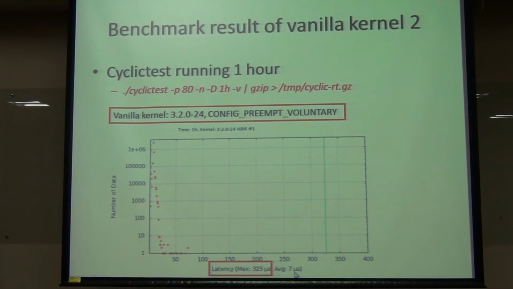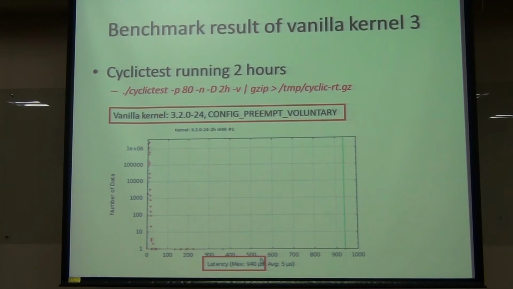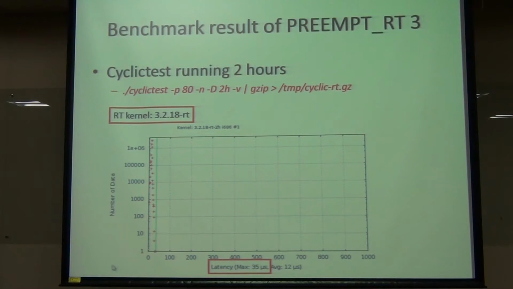Same test run on the preempt RT patch. The difference is the maximum value is a lot lower and it's controlled. Same test running for 2 hours. The vanilla kernel gets even worse, 940 microseconds, and the real-time patch is still in the tens of microseconds range.